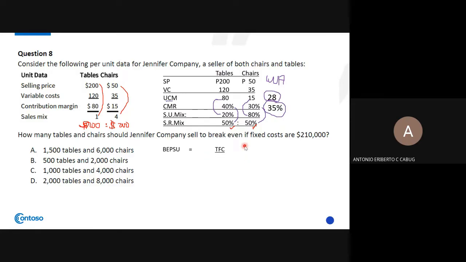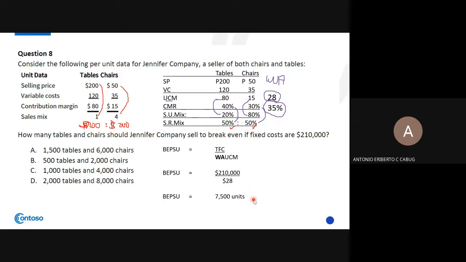Okay? So, if we are to arrive at the break-even point in sales units, it's total fixed cost divided by your weighted average UCM. 210,000 divided by 28.